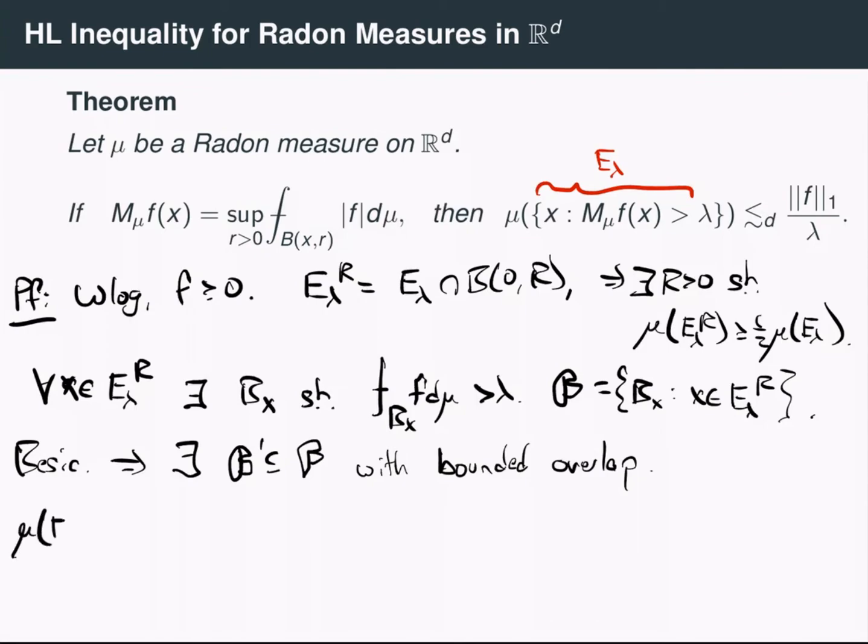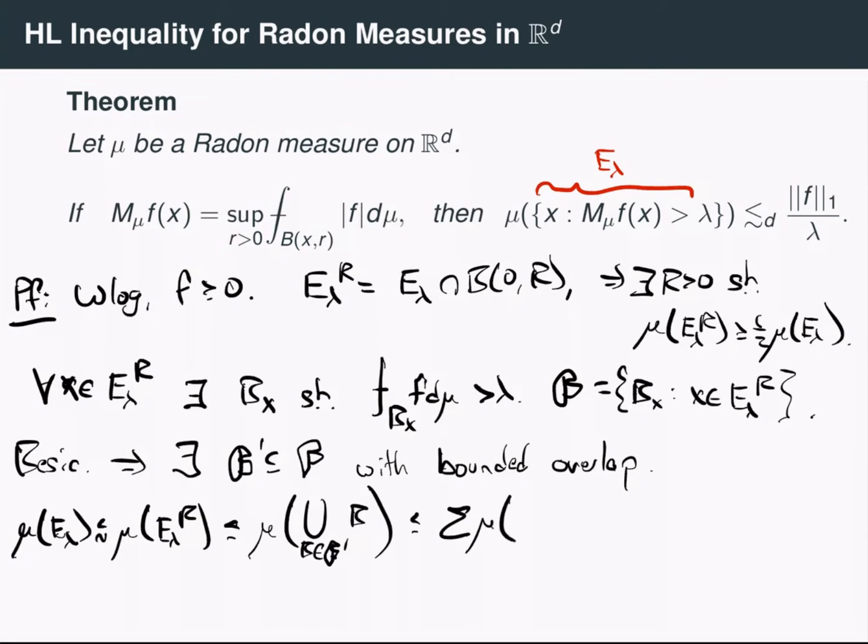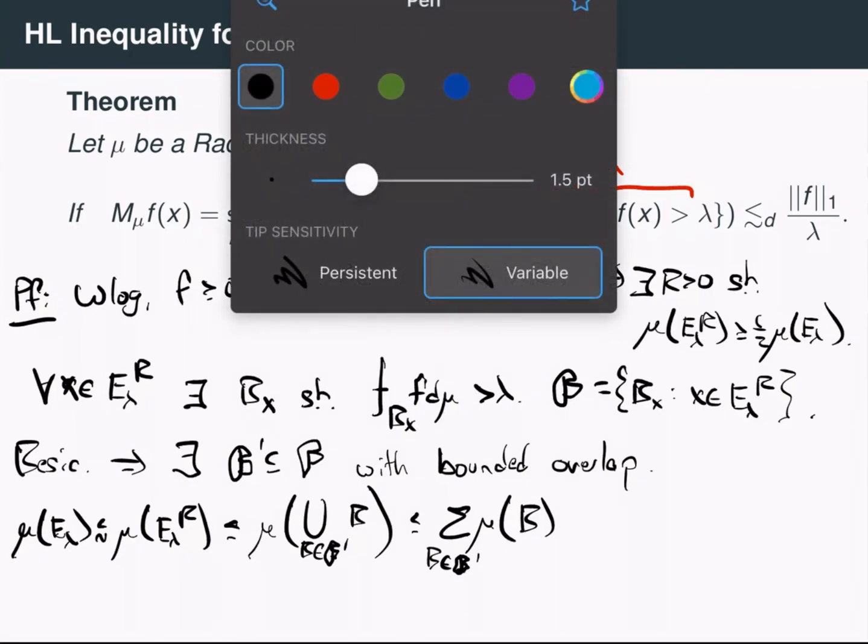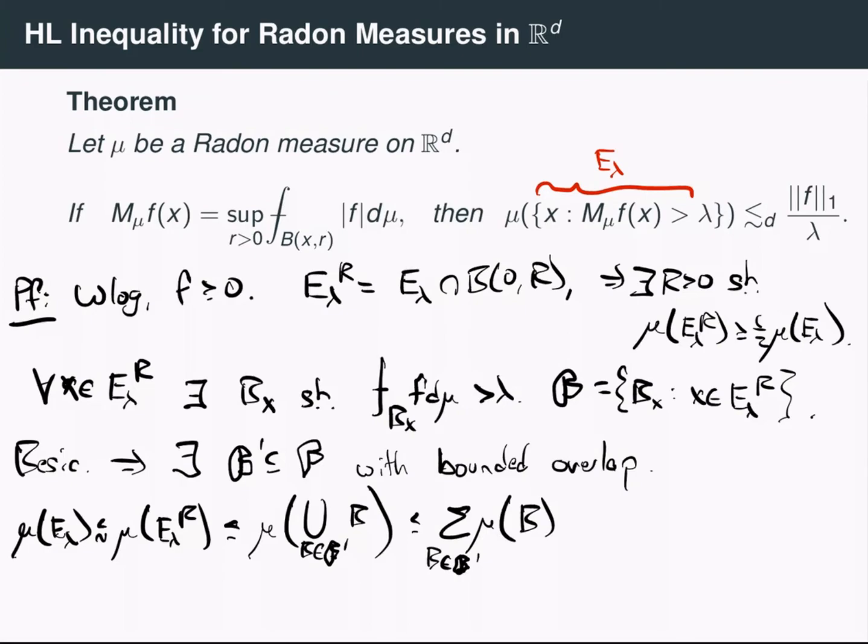So now, mu of E lambda, so recall that this is at most twice the measure of E lambda R. Okay, so this is at most mu of the union over the balls in the collection B prime. By subadditivity, this is at most the sum of the measures of B as B ranges over the balls in my subcollection. Now, recall that the balls in my collection satisfy this inequality.